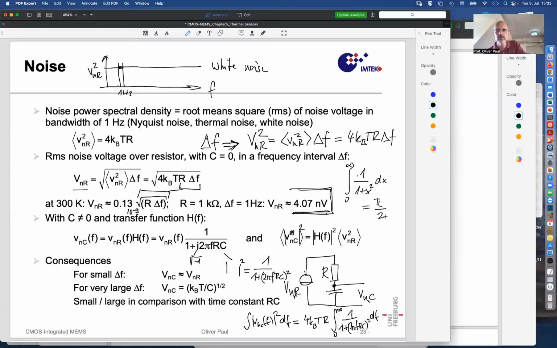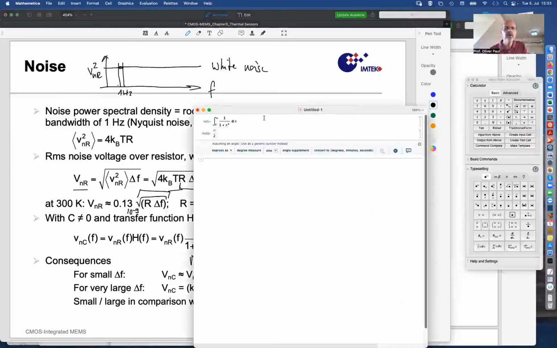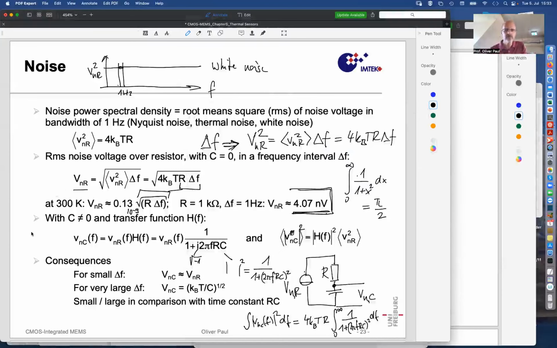Pi over 2. I think that was it. And so you can use that input to calculate this integral here, and then some things will be dropped, some factor of 4, some pi's, some R's are going to be dropped, and at the end, maybe let me check what I'm saying. Here it is, pi over 2. Yes.